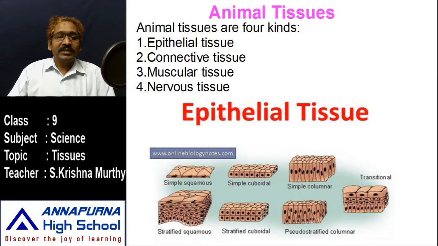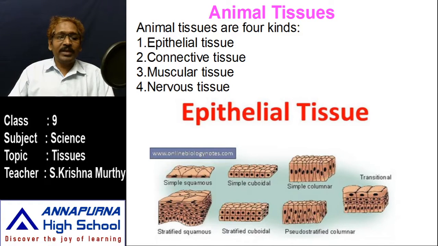Look at these diagrams: simple squamous epithelial tissue. The epithelial tissue is divided into five kinds according to location, structure, and function. What are the five kinds of epithelial tissue? Squamous epithelial tissue. Second, cuboidal epithelial tissue.